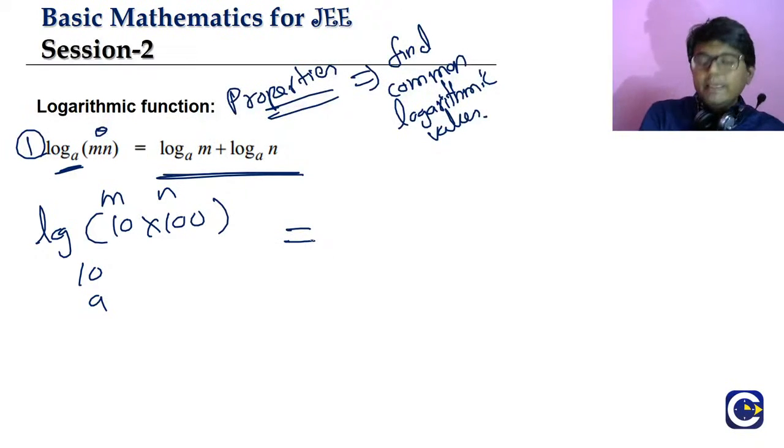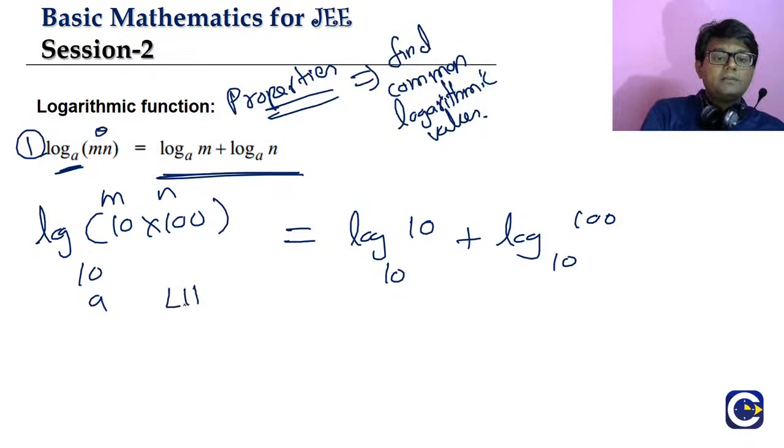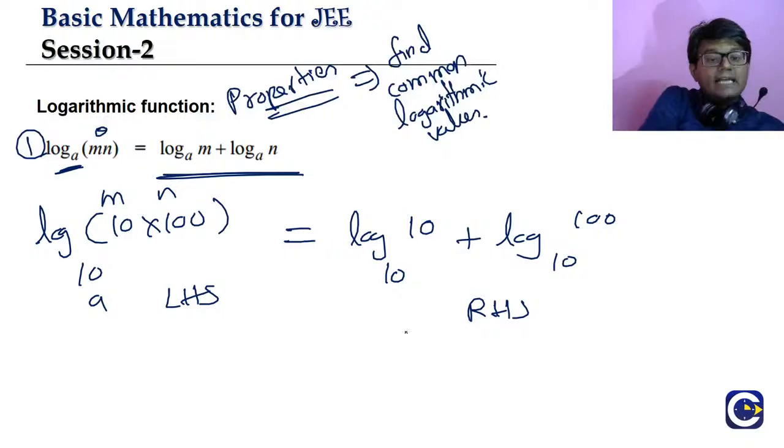The value should be equal to log of m, that is 10 to the base a, which is 10, plus log of n, that is 100 to the base a. This is my LHS part as per the property, and this is my RHS part. Quickly we will check whether the RHS and LHS values are matching or not.